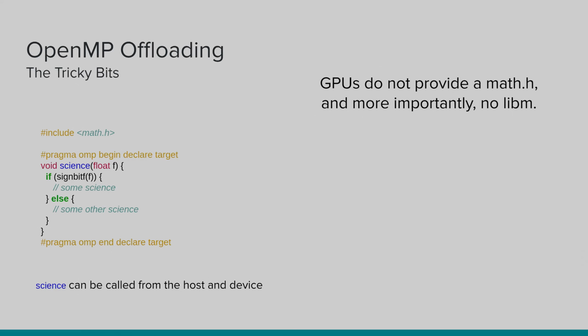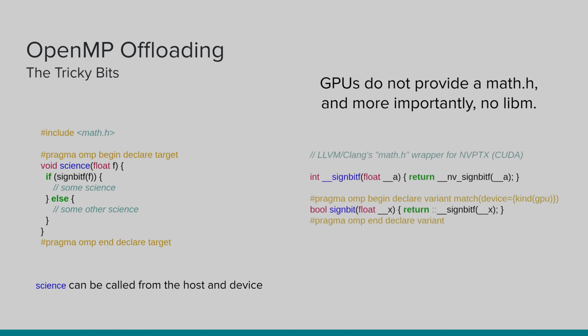And that is a real problem, because now if something in math.h on your host is not defined, but only declared, and the implementation is inside of libm, what are you going to do? You still want people to be able to use those functions. So what LLVM Clang does is provide a math.h wrapper, among other things. It's not only math, but one thing that it provides is a math.h wrapper that defines a lot of the math functions.